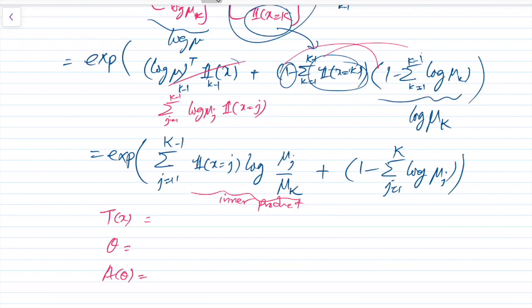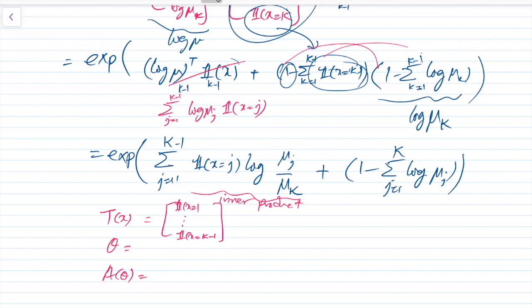It's the vector of characteristic functions. It's like a one-hot representation, but it's k minus 1 dimensional. So it's basically x equal to 1 through x equal to k minus 1. This is my tx, the sufficient statistic.